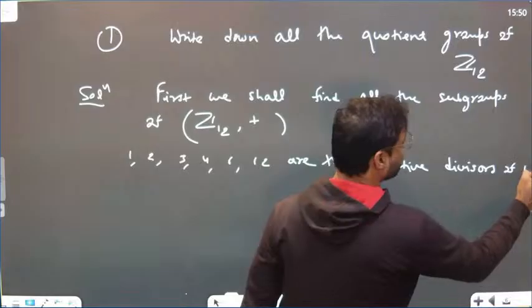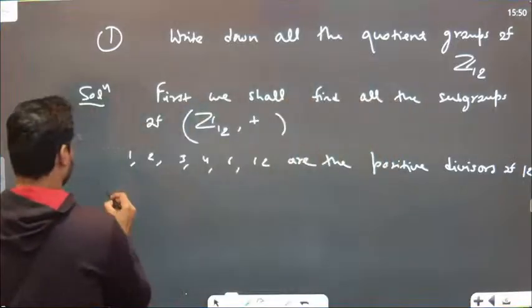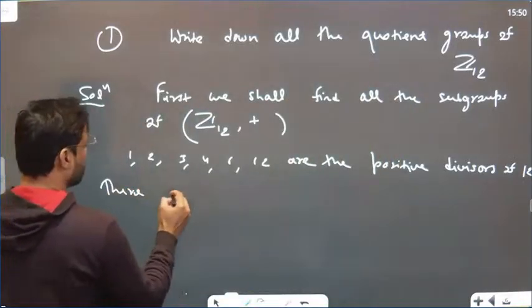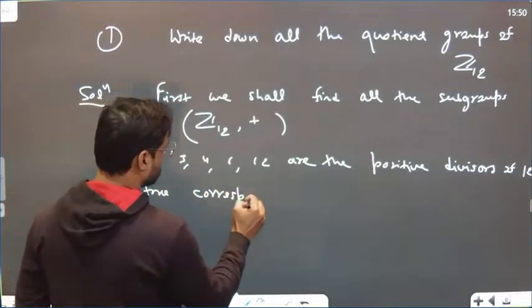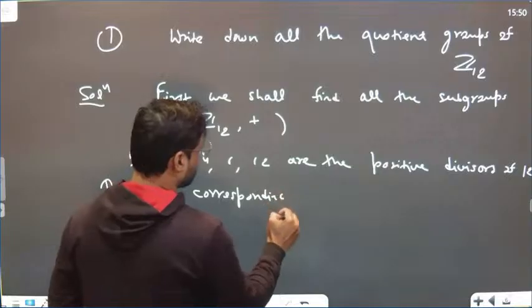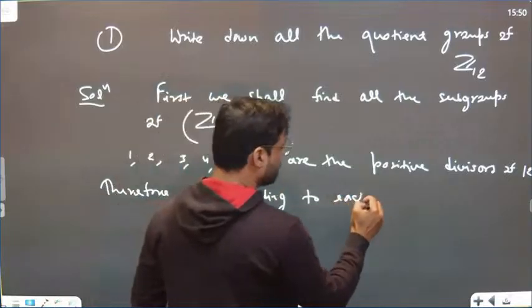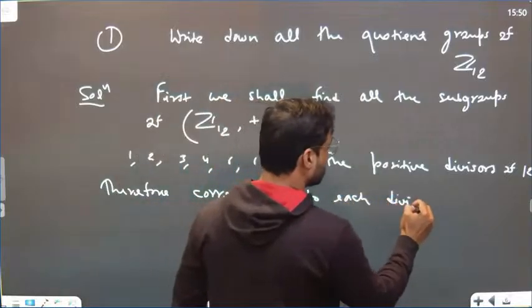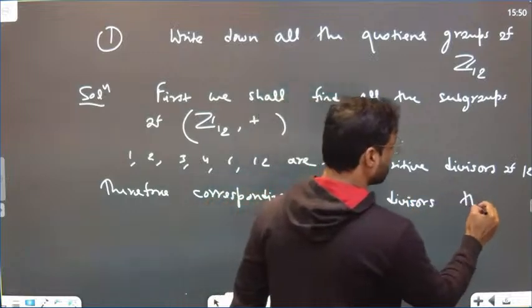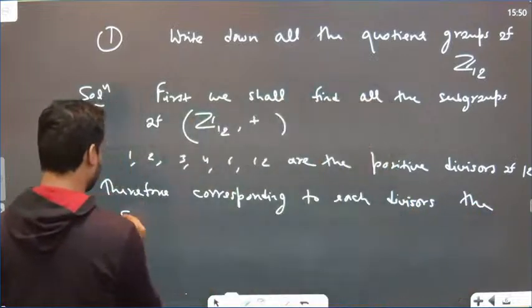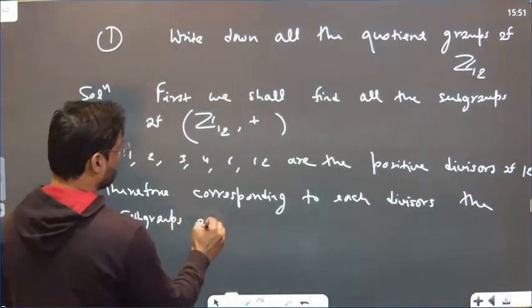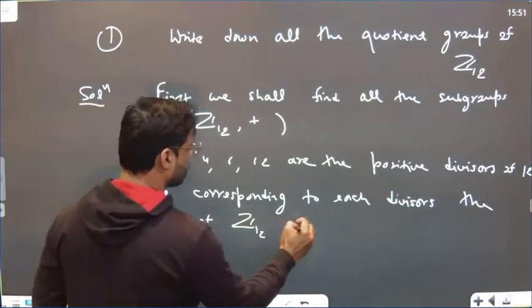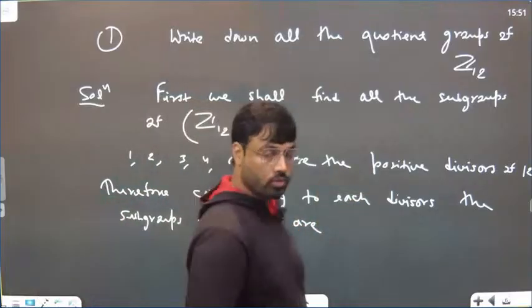Therefore, corresponding to each divisor, the subgroups of Z12 are, we'll write one by one.